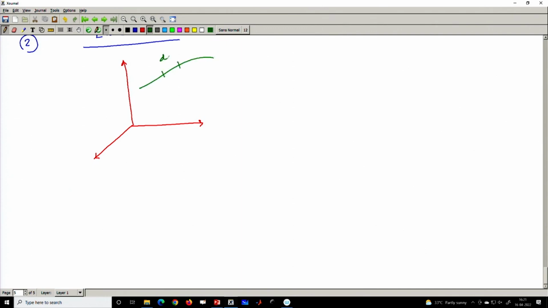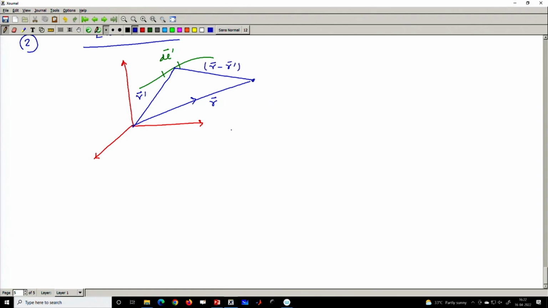This is a dl prime and the coordinates are distributed like this. This is R, this is R prime, and this is R minus R prime.